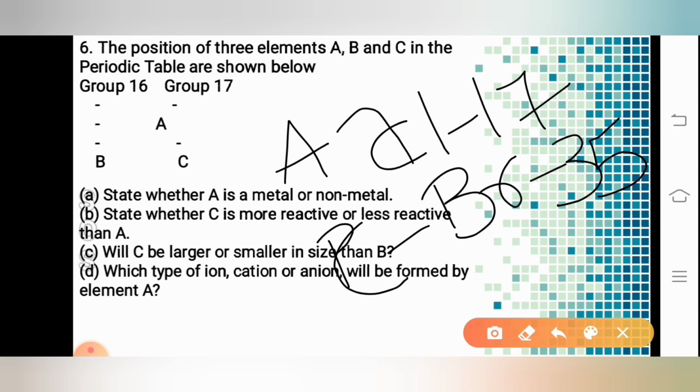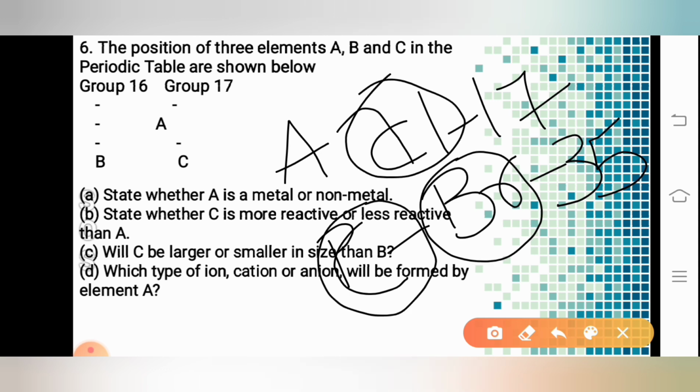Okay. So now both belong to the 17th group and both are non-metals. And as element C is below element A, that is bromine is below chlorine, you can see the atomic number is more. Which has more atomic number?